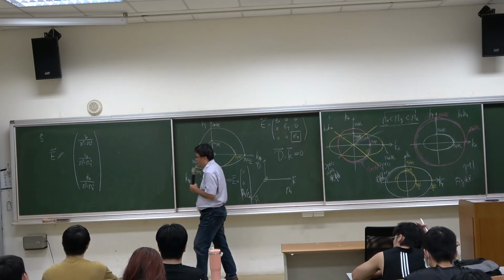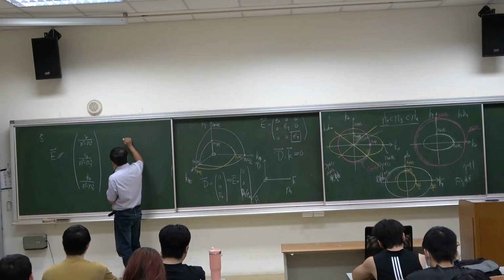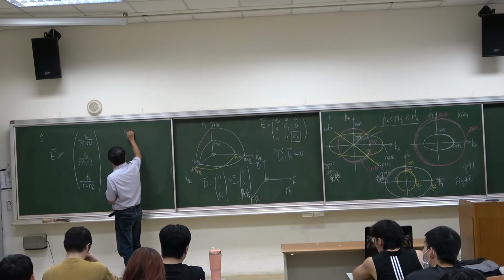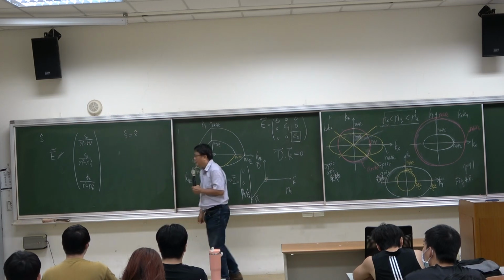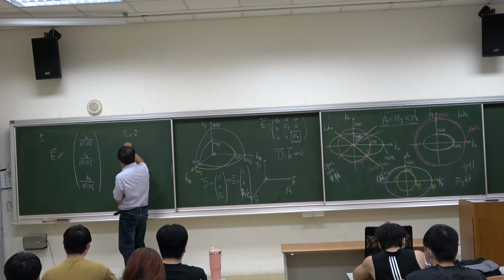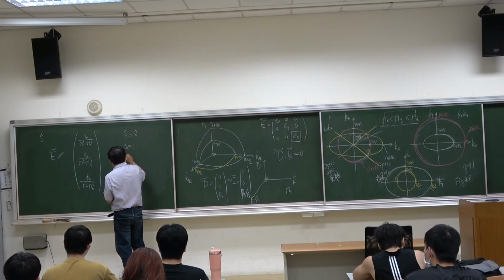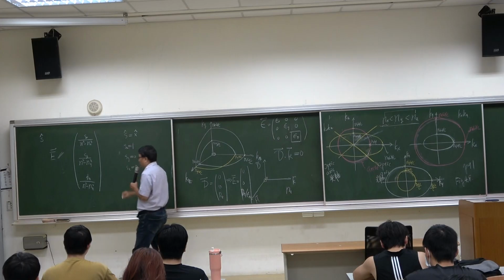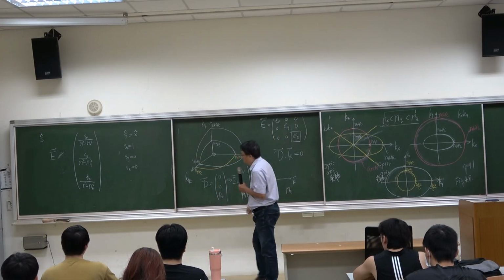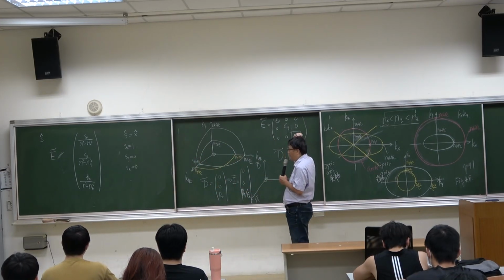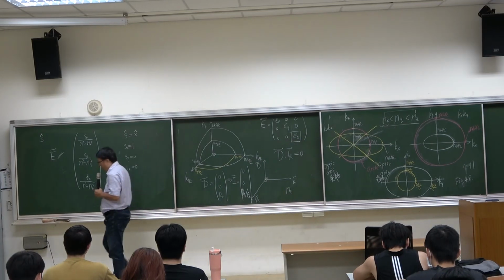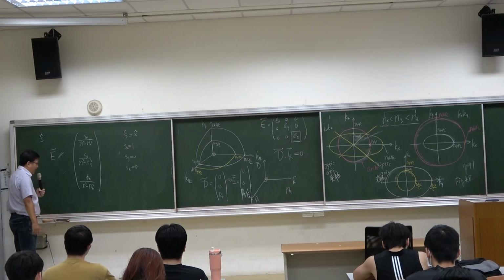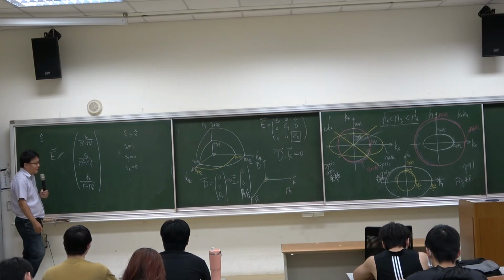So, you see, when we consider S to be along the x direction, this means that Sx is equal to 1 and Sy, Sz are 0, then what is the polarization of the E vector?